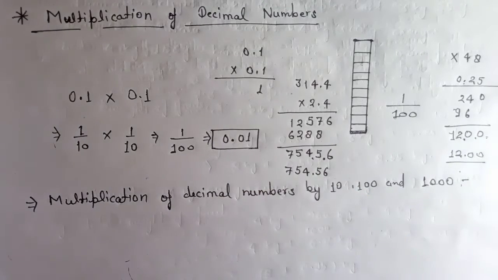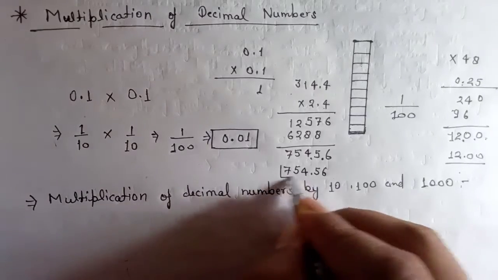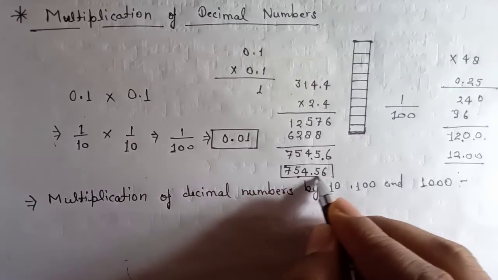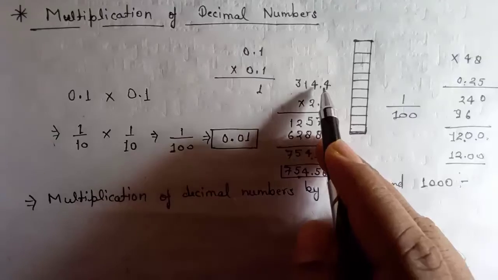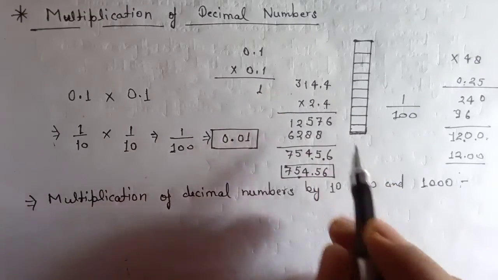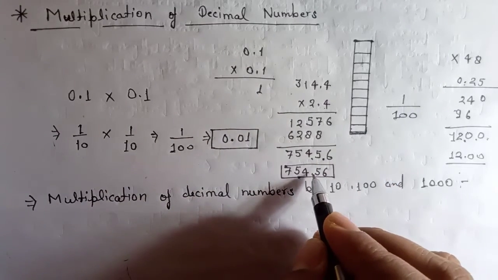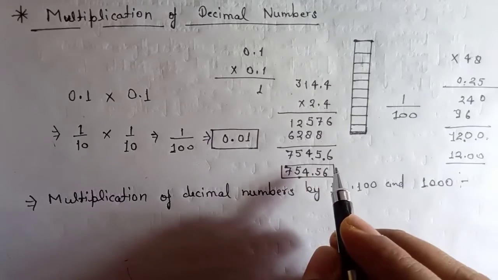This is your answer. So this is the method of multiplication of decimal numbers. You have to follow your conventional method, count the digits after the decimal point, and keep the point after counting.